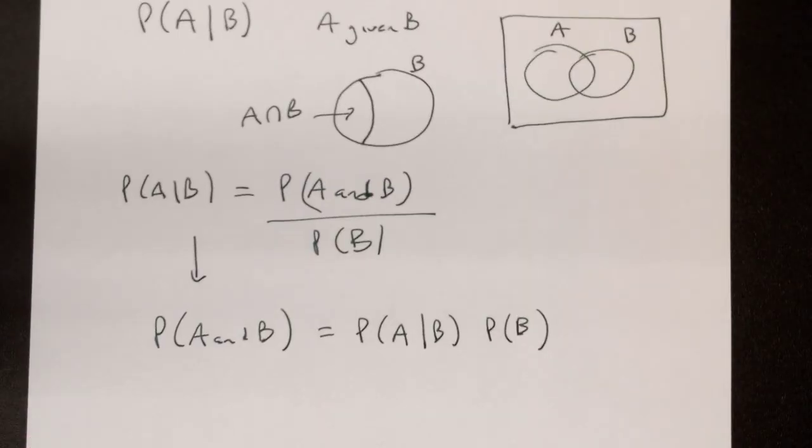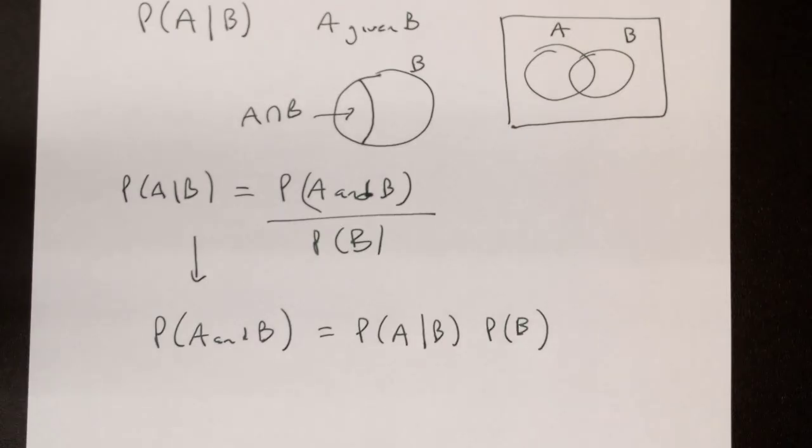So notice it's not the chance of being red, chance of being a queen. The chance of being red, given that I was a queen. This extra piece of information has just showed up.